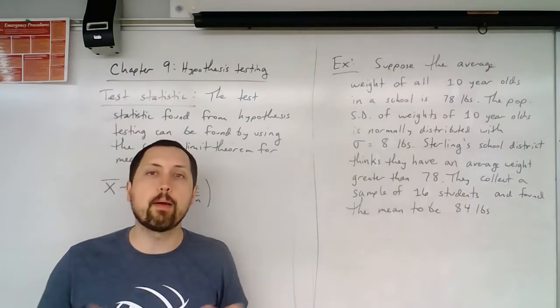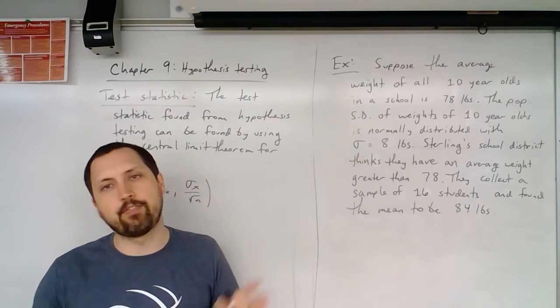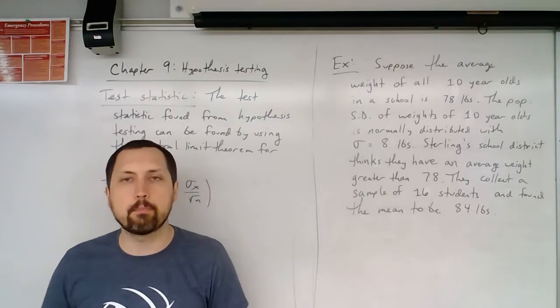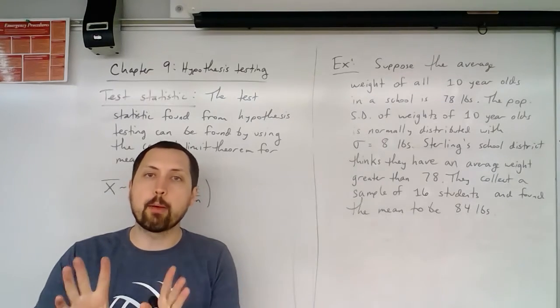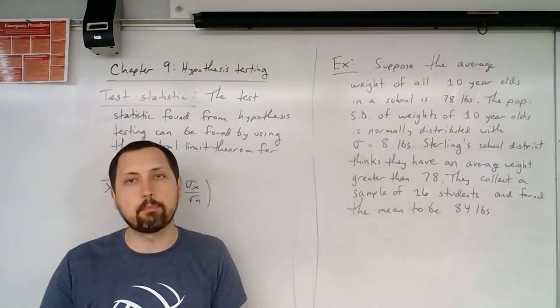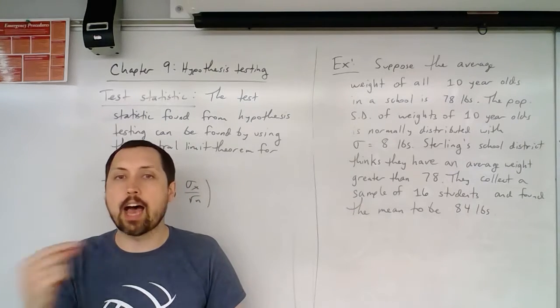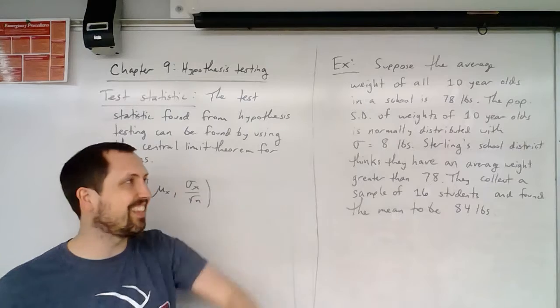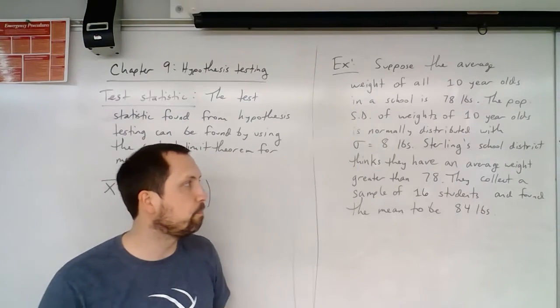So you could do hypothesis testing on this. You would need an alpha value to figure out if we reject or do not reject the null hypothesis. But we're going to get through some of the other computations and not so much worry about the end result of whether we reject or do not reject. I'd like to look at the test statistic, and then with that, we're going to see a little bit of things with the p-value.